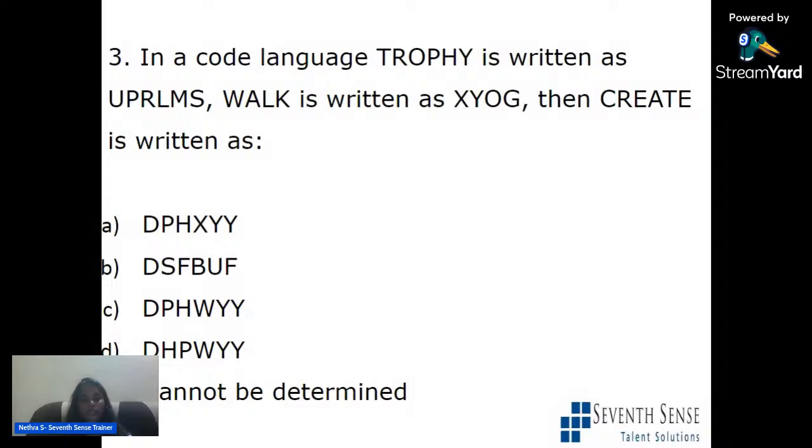Okay, answers already started. Read the question carefully and try to answer it. In the previous one, only one word was given. Here you can see two words already coded.